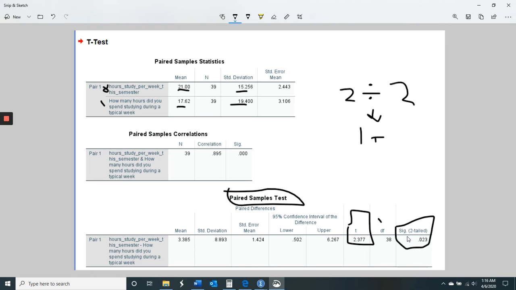So in this one, it's 0.023. So we divide that by 2, and that should be 0.0115, I believe. So it's very late when I'm doing this, and so my mind's not working fully.